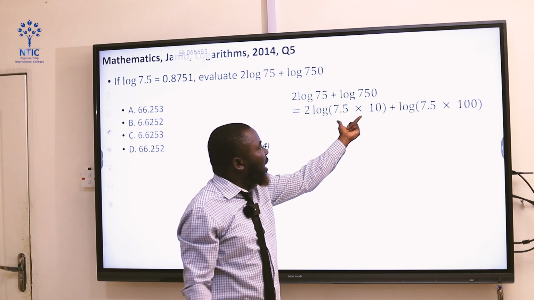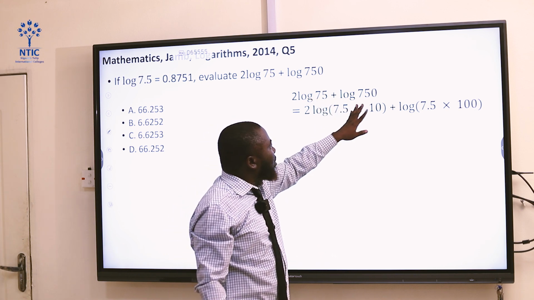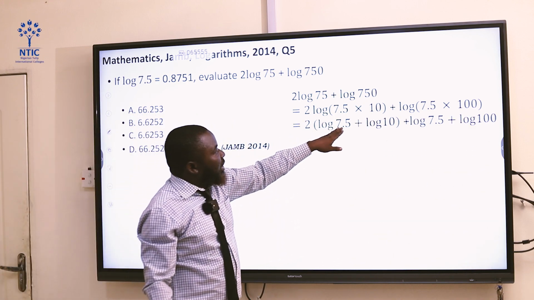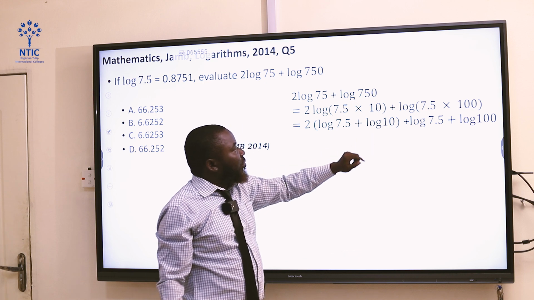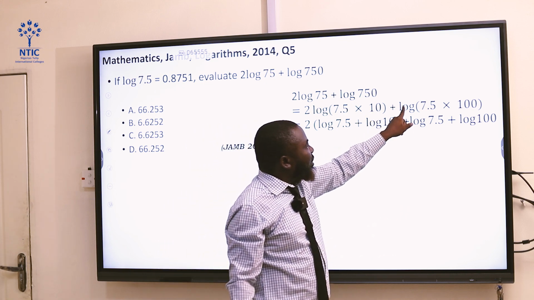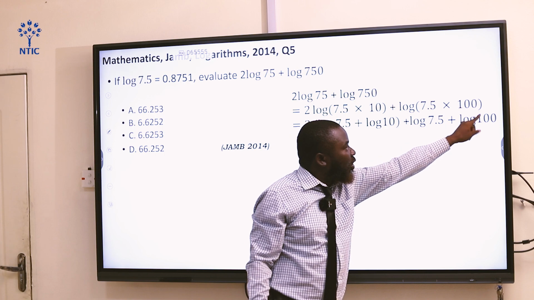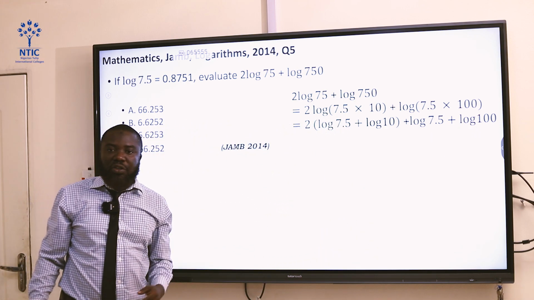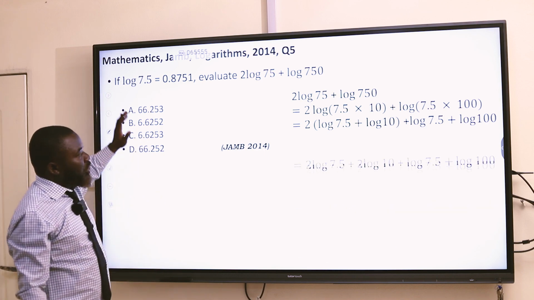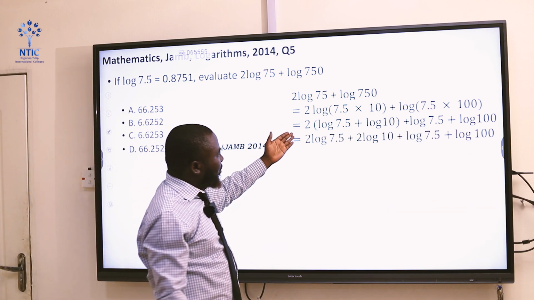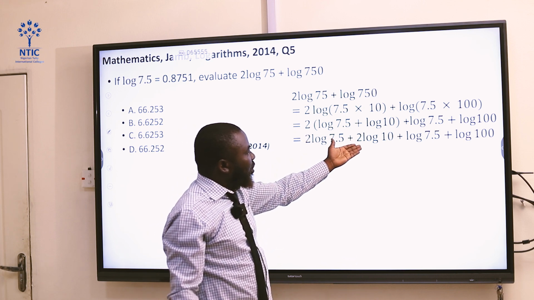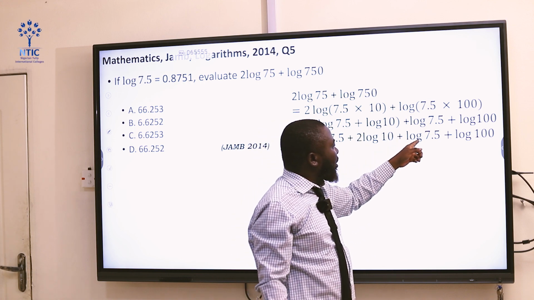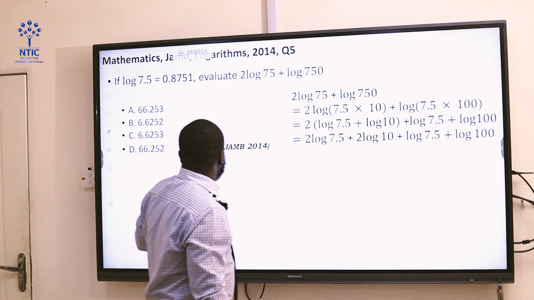Then using the addition law, you are going to separate this log so that we will now have 2 into log 7.5 plus log 10, then in bracket plus log 7.5 plus log 100. We all agree that log 10 is equal to 1 and log 100 is equal to 2. So we are going to have 2 log 7.5 plus 2 log 10 if we open this bracket, then log 7.5 plus log 100.